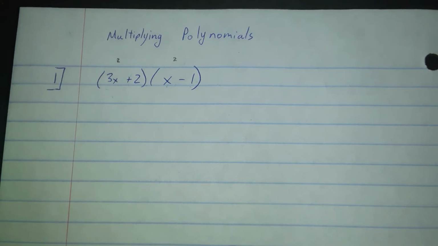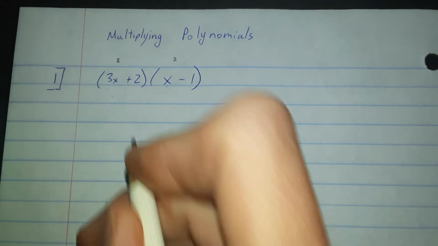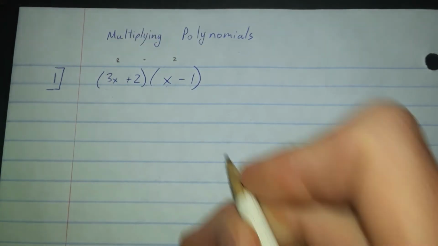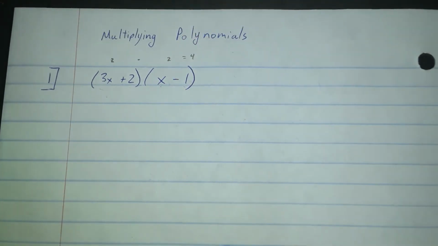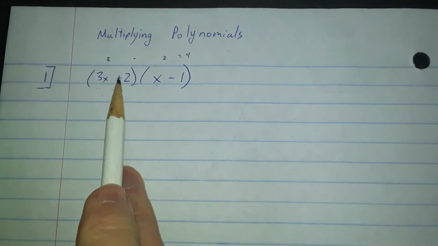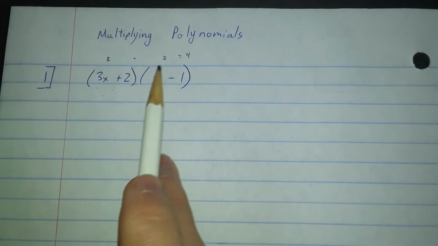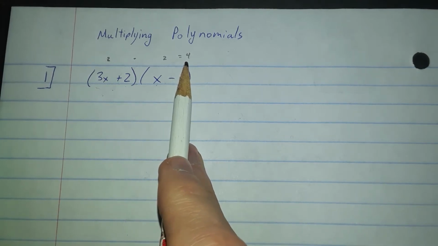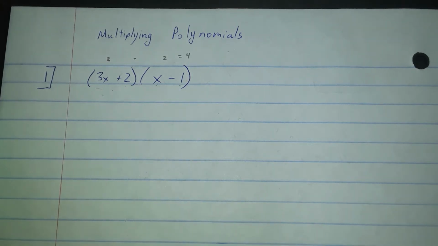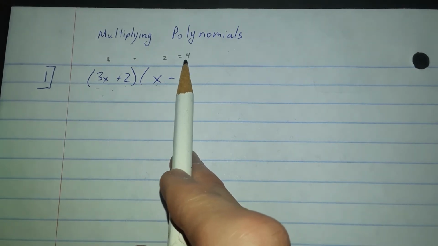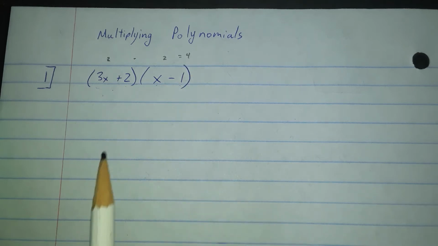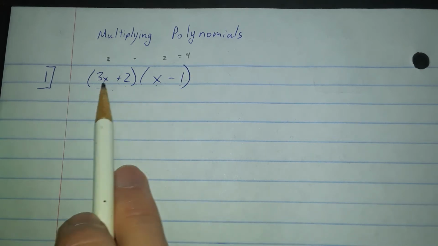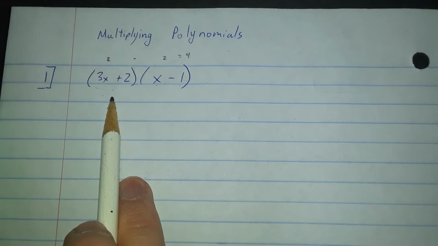And if I multiply those two numbers together, I get 4. So when I multiply a binomial times a binomial, I should get 4 monomials before I bring together like terms. So this little indicator helps me realize if I've forgotten a term.